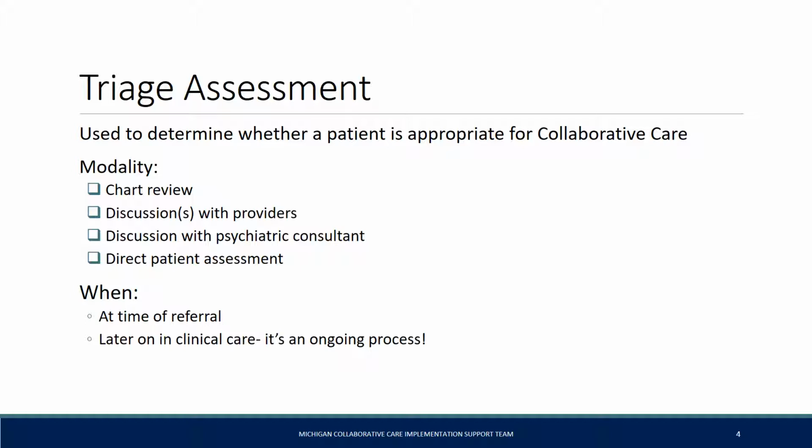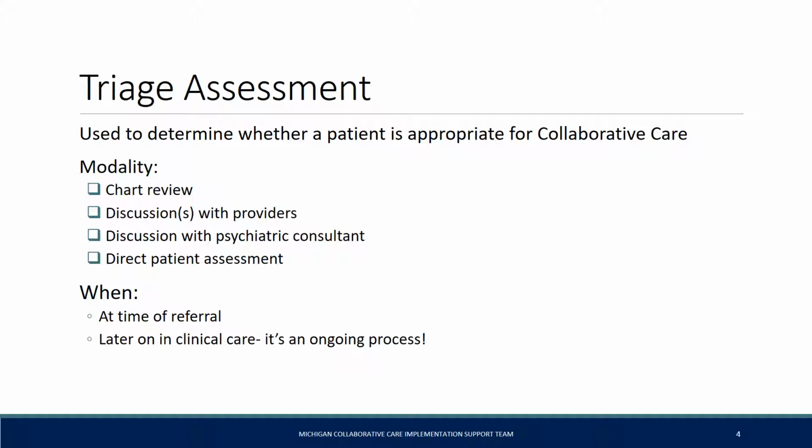This can be especially helpful in the beginning when care managers are getting used to who they might enroll in the program and who might benefit from collaborative care. So the care manager might gather information from all these different modalities and then talk further with a psychiatric consultant in their scheduled panel review time or via a quick phone call about whether they might want to try treating this patient within the collaborative care program.